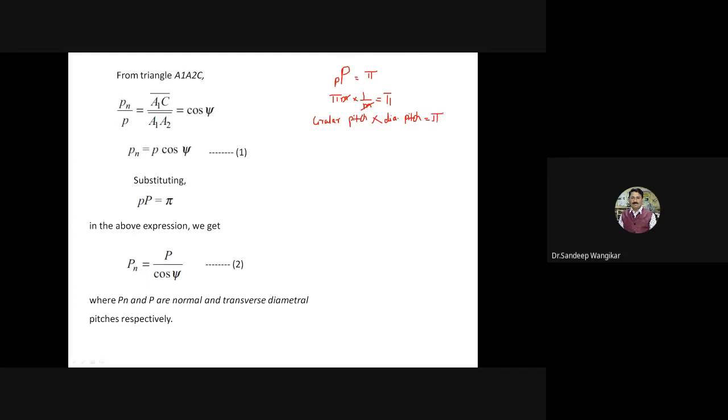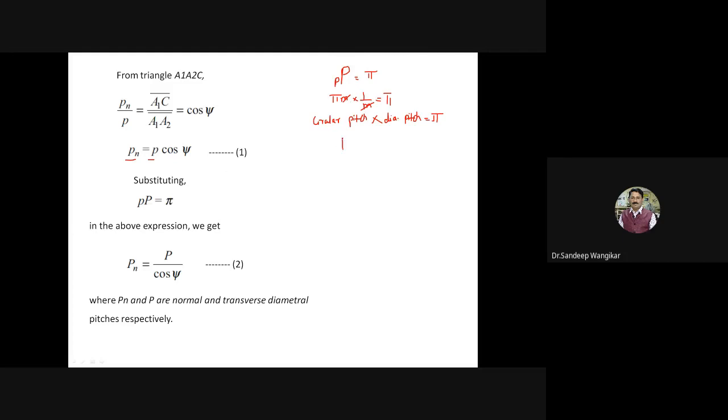Now whatever relations we have, for example this Pn is the circular pitch and this P is also circular pitch, normal circular and transverse circular. I want to express these two in diametral pitch. So I can write small p into capital P is equal to pi.